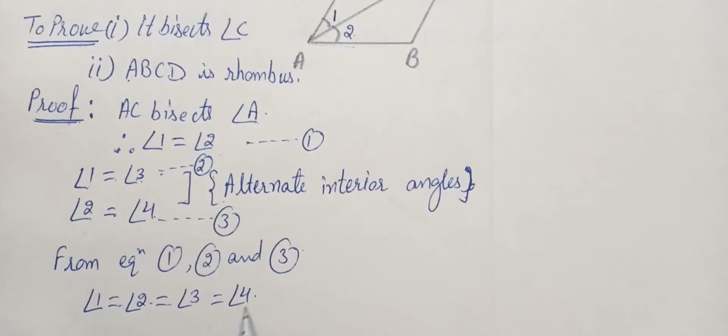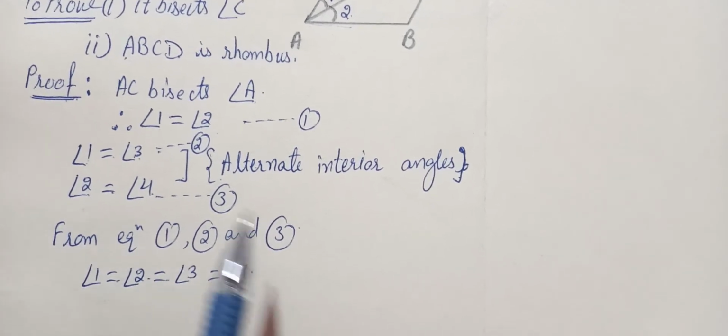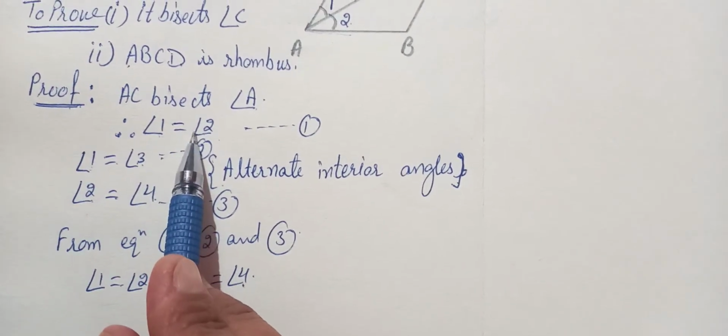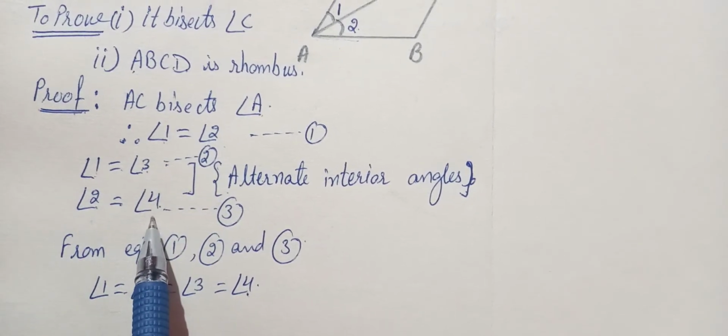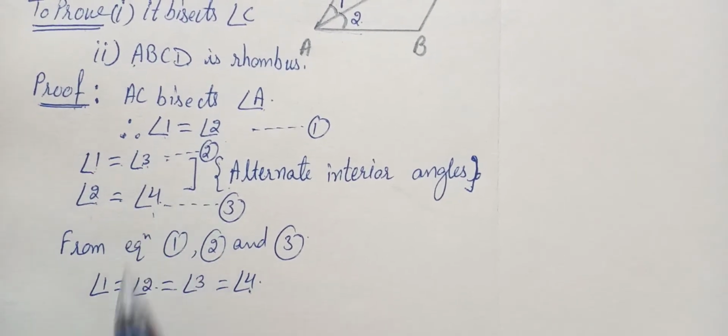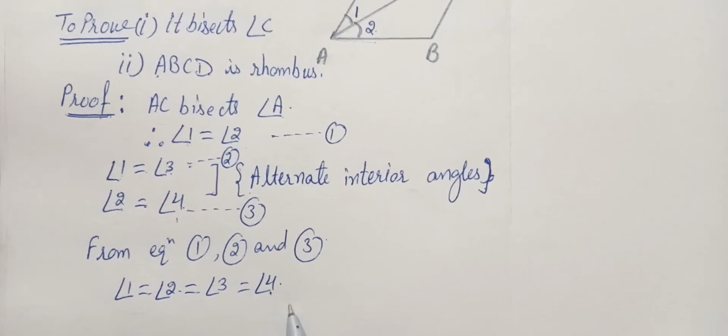So all four angles become equal, because 1 and 2 are equal, 1 and 3 are equal, and 2 and 4 are equal. So 1, 2, 3 and 4 become equal.